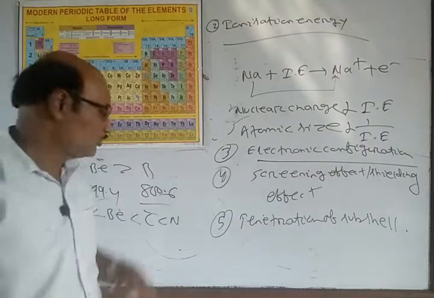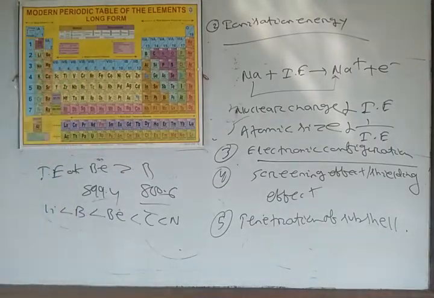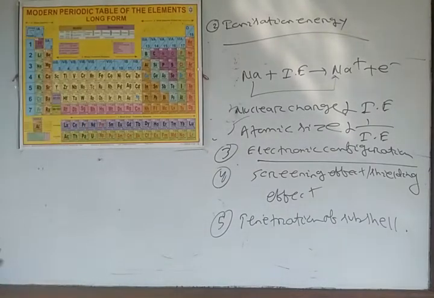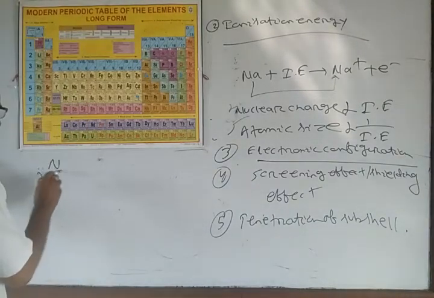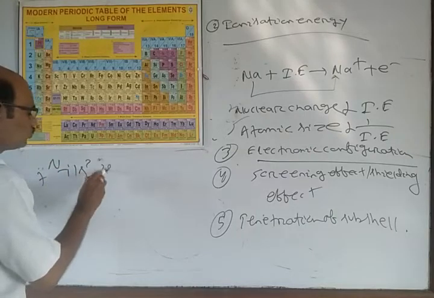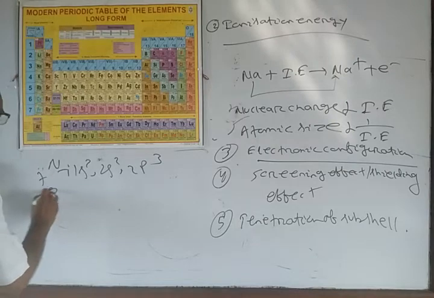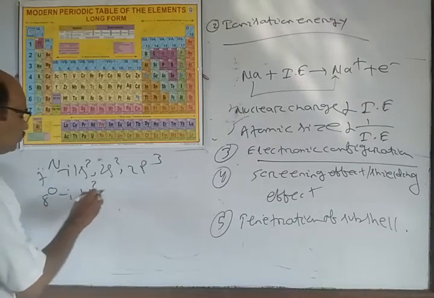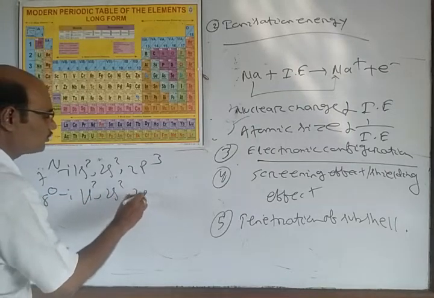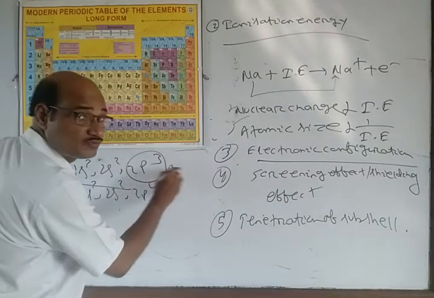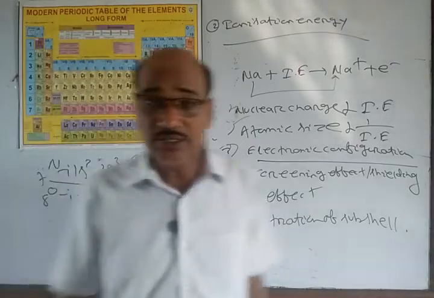Why is it so? You know nitrogen is having what? Nitrogen 1s2 2s2 2p3, but oxygen 1s2 2s2 2p4. So here nitrogen is 2p3, that means the p is half filled here.